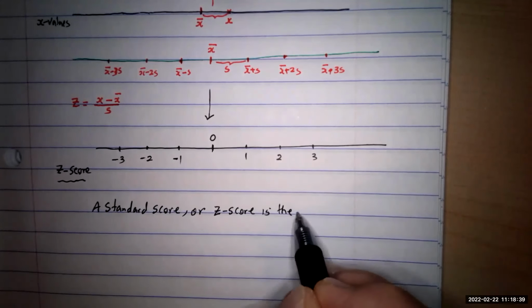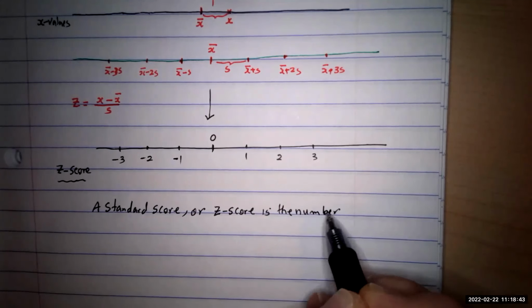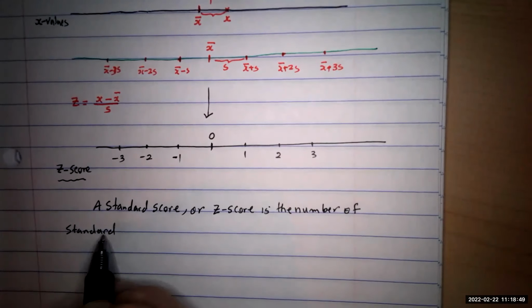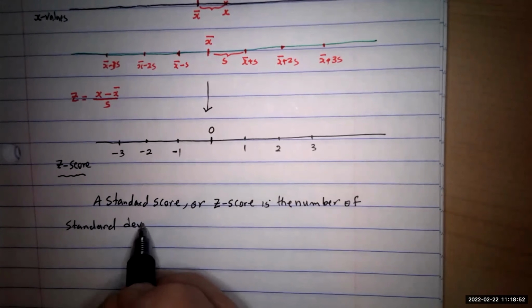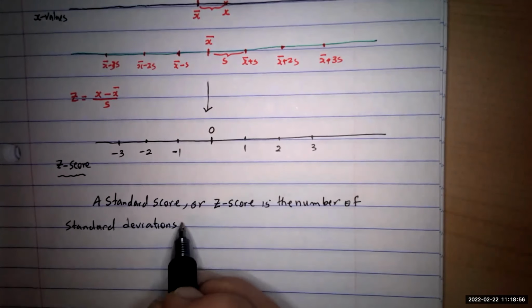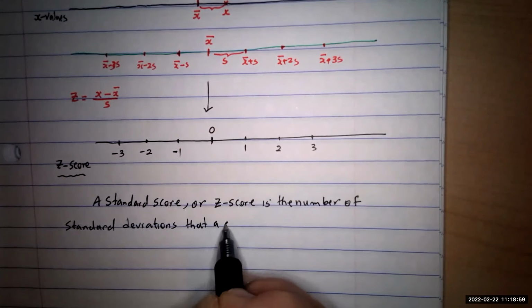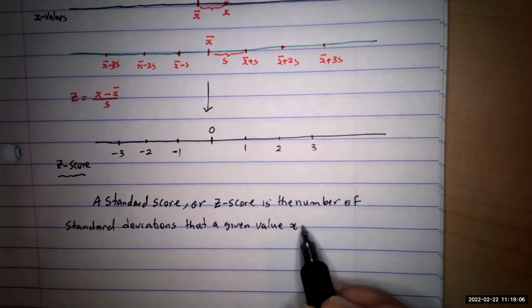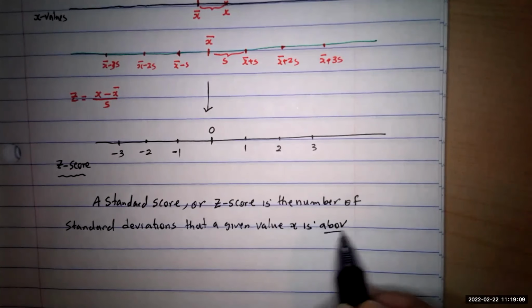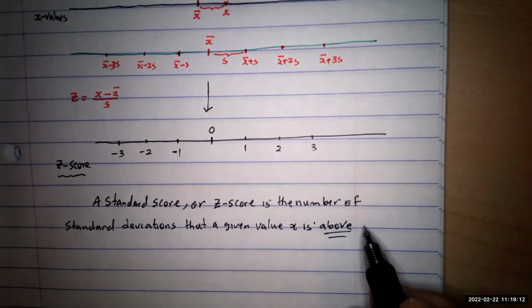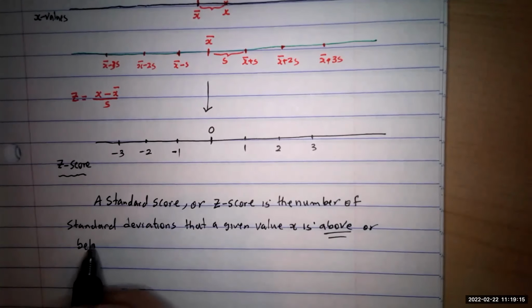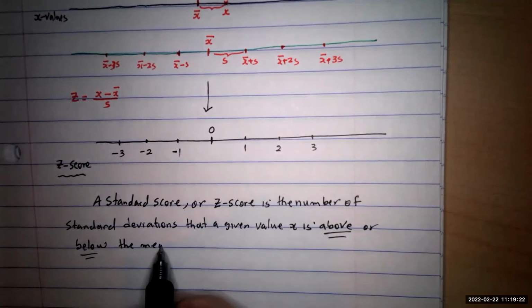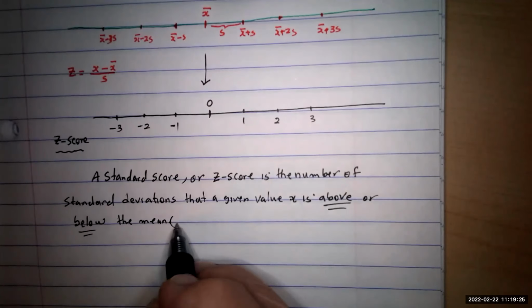It is the number of standard deviations that a given value X is above or below the mean, the center.